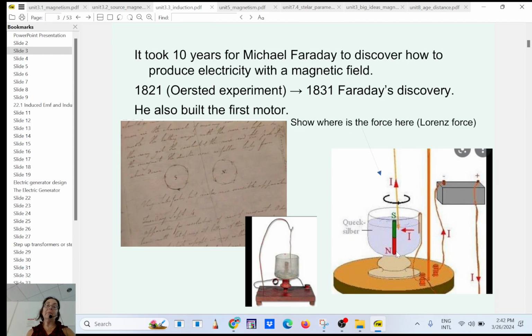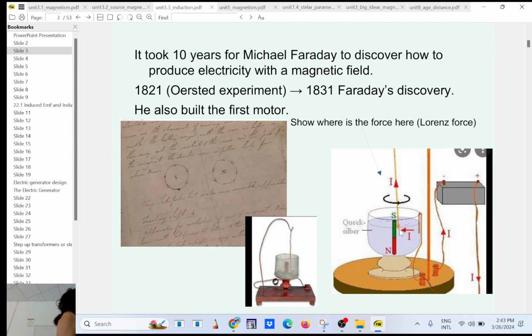You see, you have a bar magnet here, right? You all agree? So the magnetic field will go from the north into the south. So it will be in this direction here. Okay, make a loop here from the north into the south, and you have the current here flowing in this direction, right? So what's going to happen?